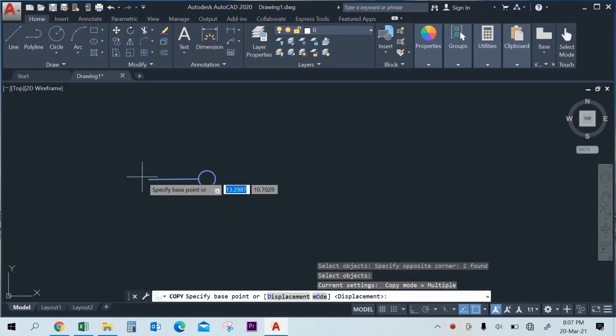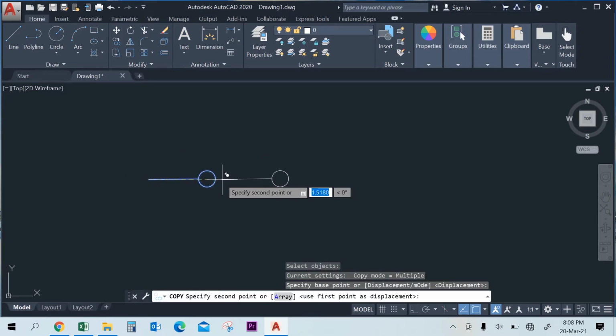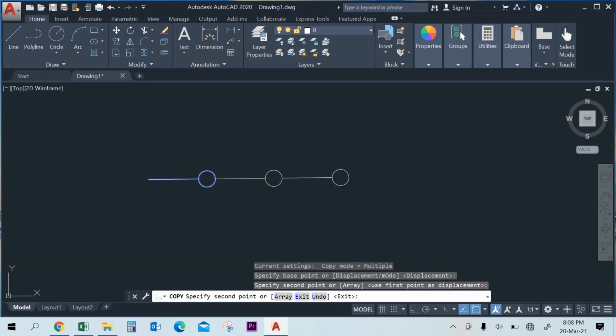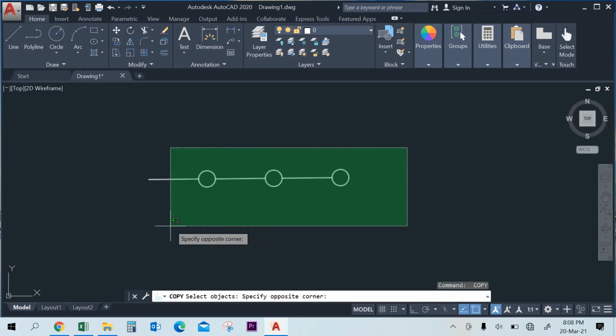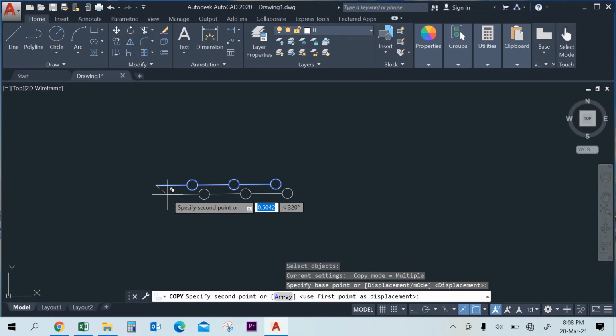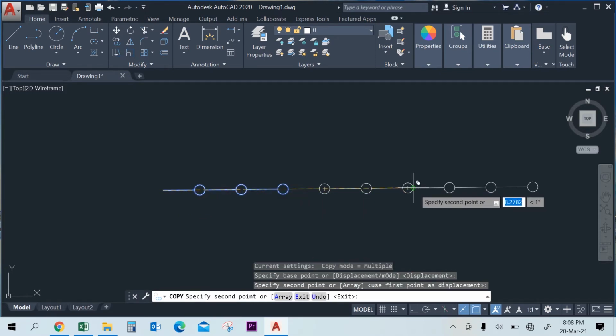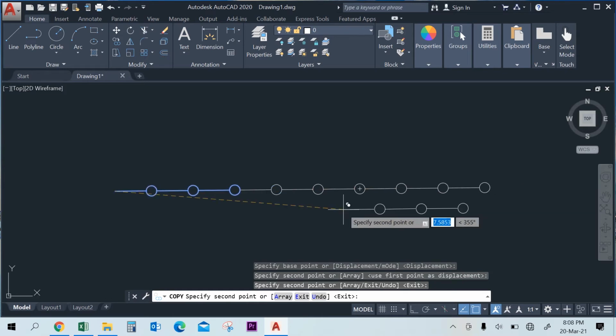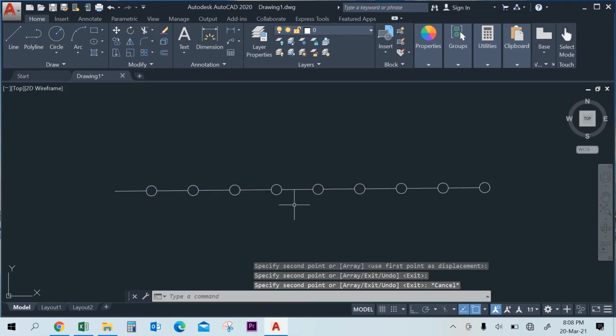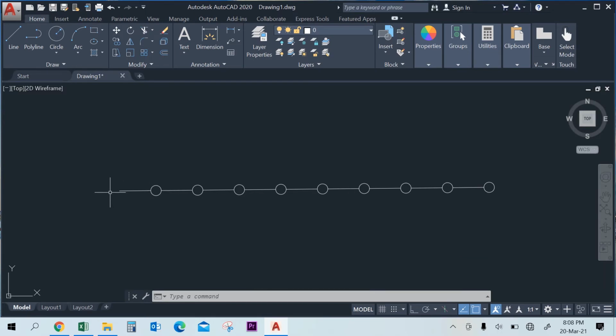Make it copy and paste like this. Yeah, I think this is enough. 1, 2, 3, total 9 street lights. And it's better we also put a feeder pillar.